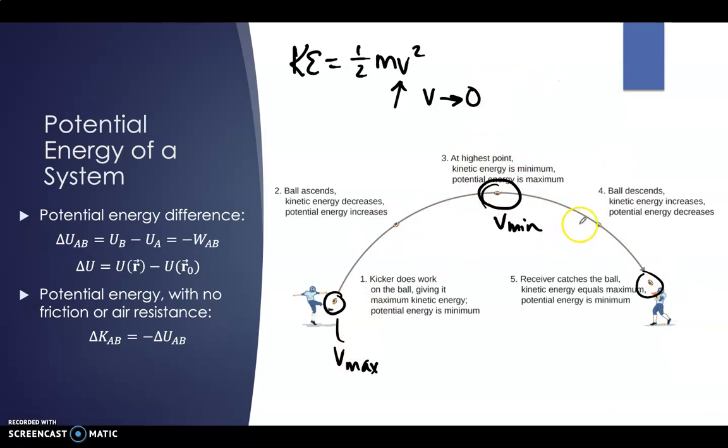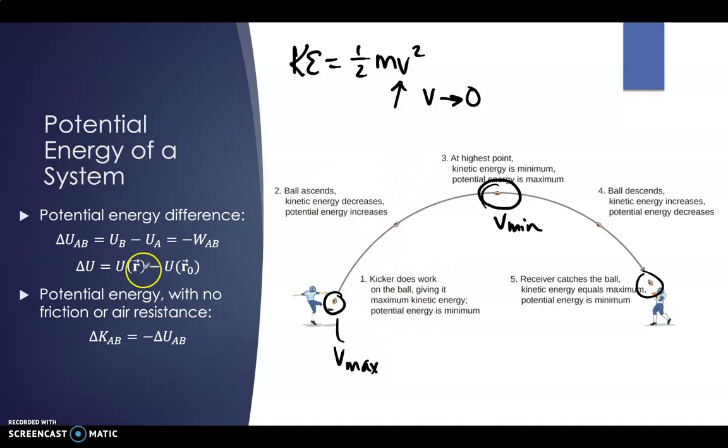So we saw that last time. Potential energy is all about work being done. We'll talk about more specifically how to calculate the potential energies in a system in a moment.